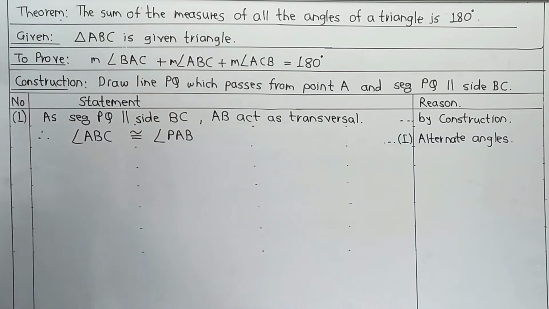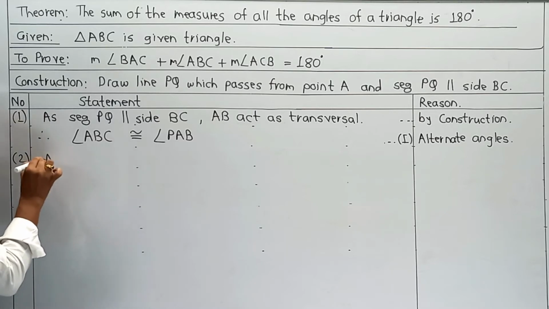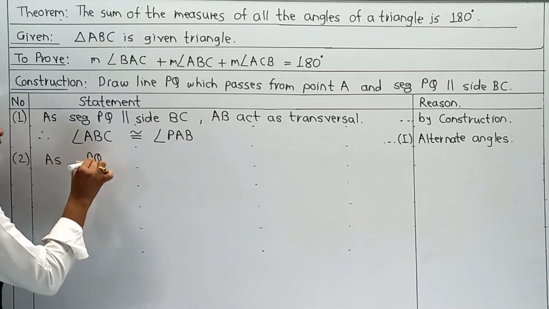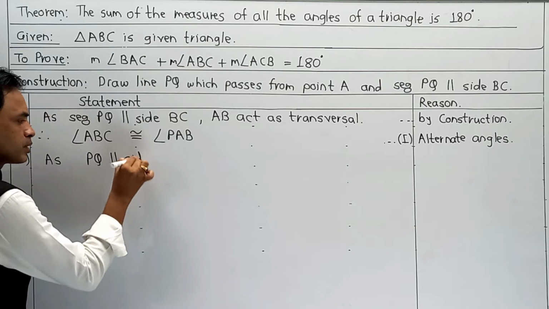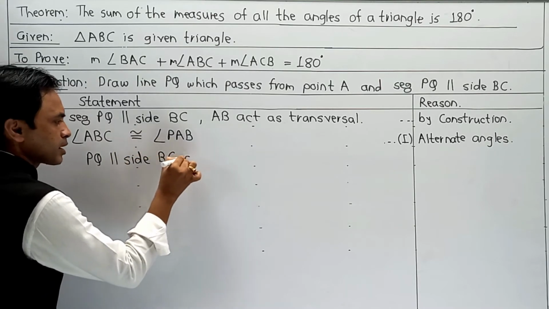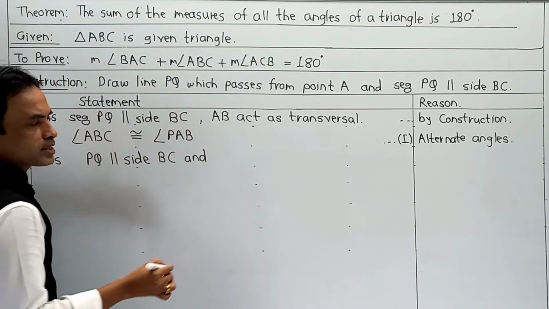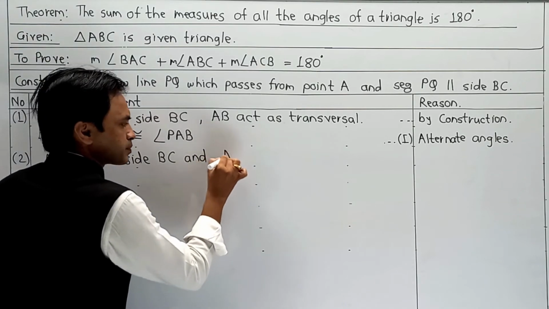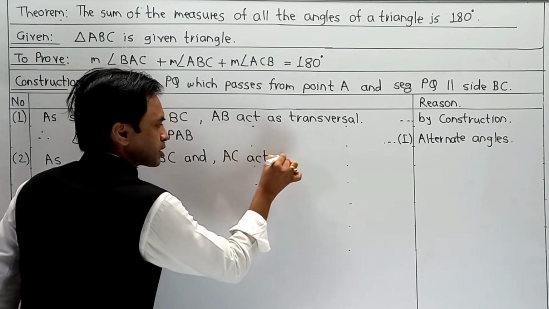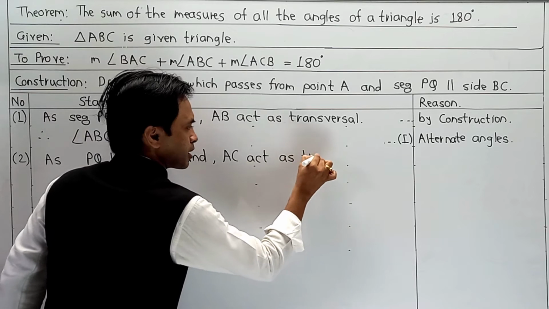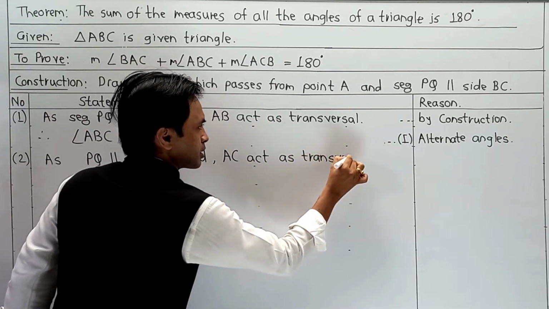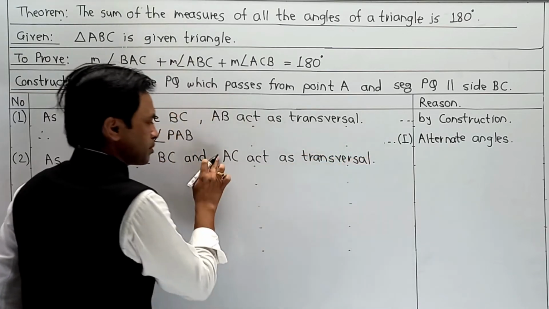Now the same part we have to explain about transversal AC. Pay attention. Second, again as PQ is parallel to side BC, AC acts as a transversal. Reason: by construction.